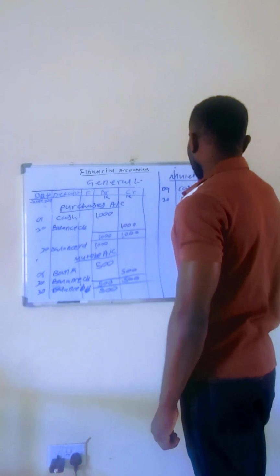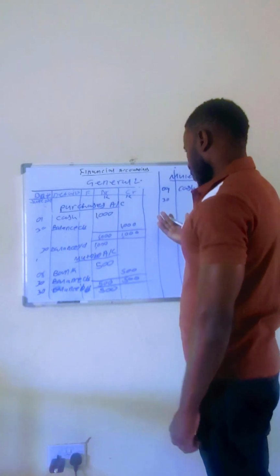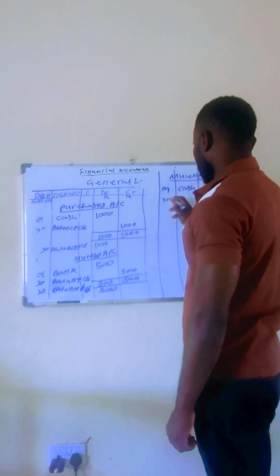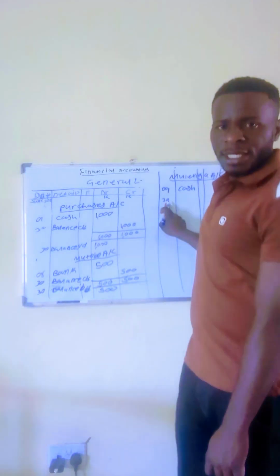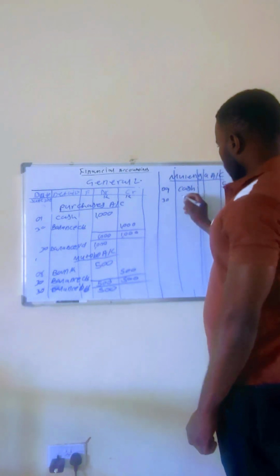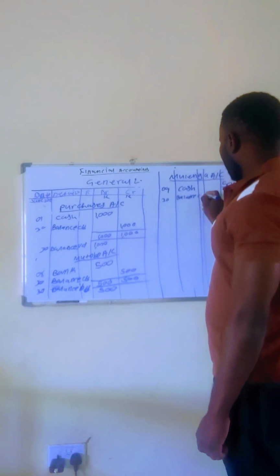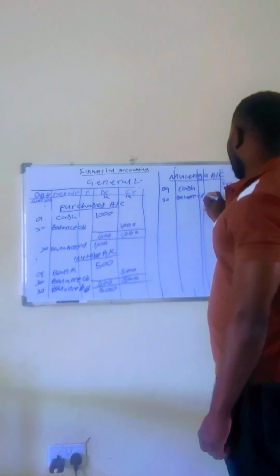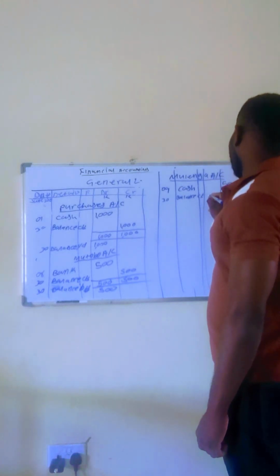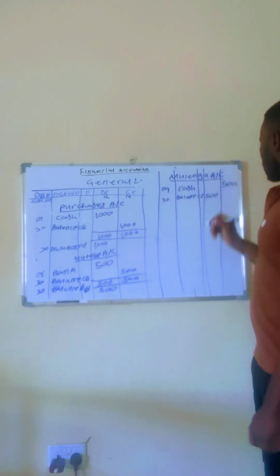So the balancing is done at the end of the accounting period. In this case, the end of our accounting period was on the 30th of this month. So you indicate it there. Here we have the balance carried down, which is going to be recorded here. This same 500, hope it's visible.